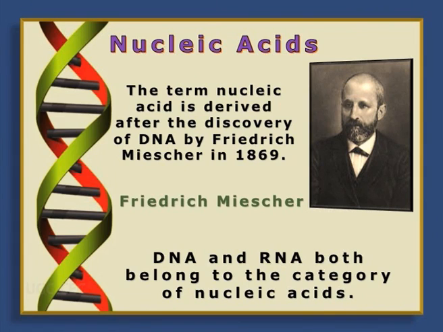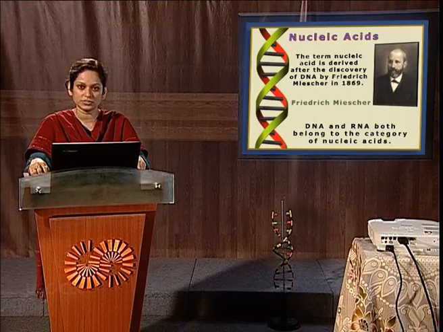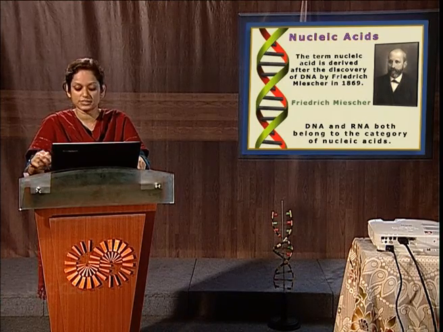Because of this discovery, he paved the way for the isolation of DNA as the genetic material. He put forward a hypothesis that nuclein, or the nucleic acid, might serve as the genetic carrier.